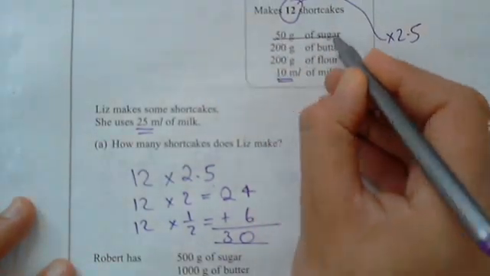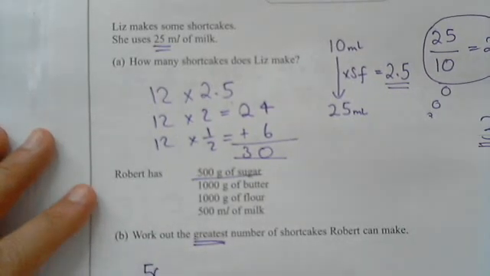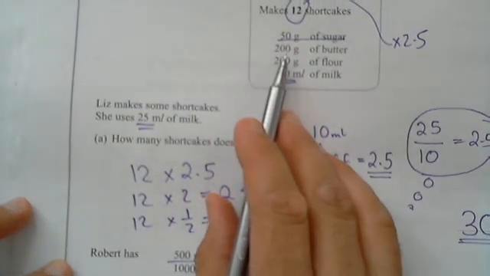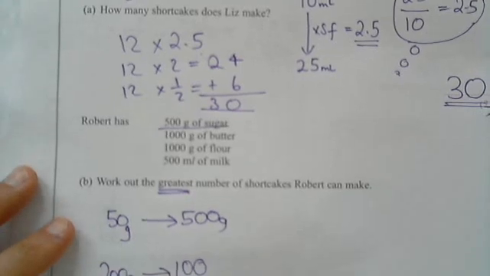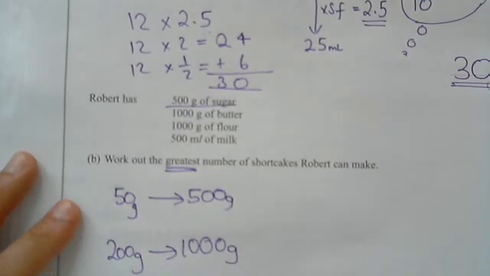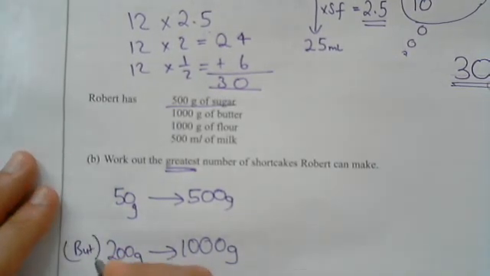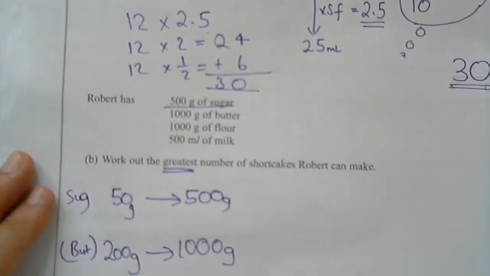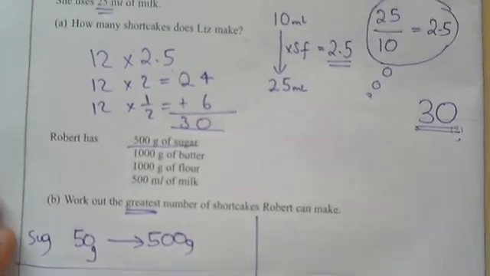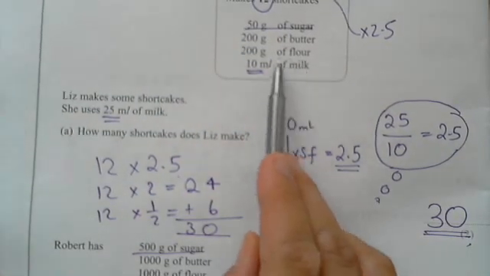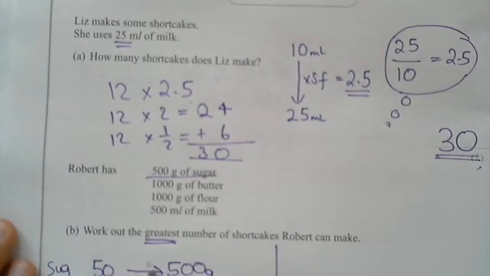So the sugar was 50, now it's become 500. The butter was 200, and now the butter is 1000. Next we have the flour was 200, and now the flour is 1000.